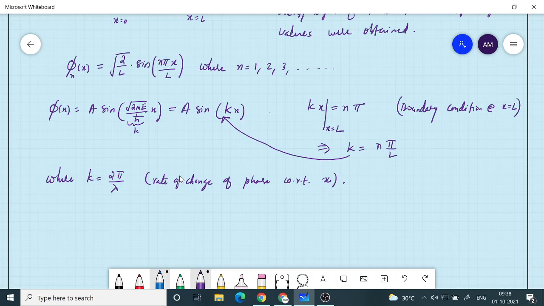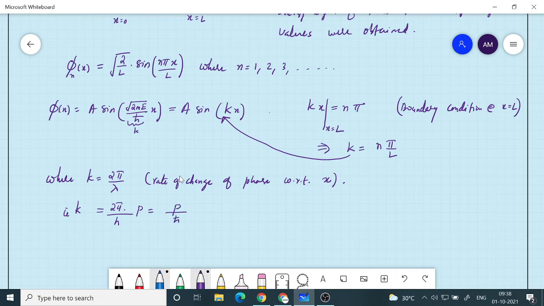So you can find out the momentum from it, because momentum is related with lambda. Okay, so you can write it as lambda is basically h by p, so k is equal to 2 pi by lambda, which is 2 pi p by h, or you can write it as p by h cross.